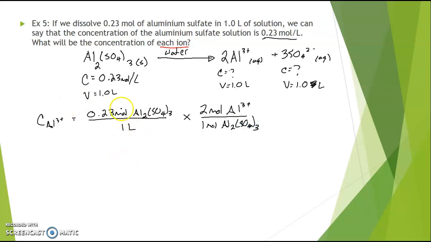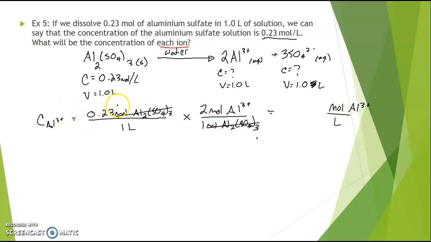Moles are on the top and moles on the bottom, so we can cross out the moles of aluminum sulfate. What we're left with for units is moles of aluminum ions, and we still have liters on the bottom. So we have moles per liter of aluminum ions.